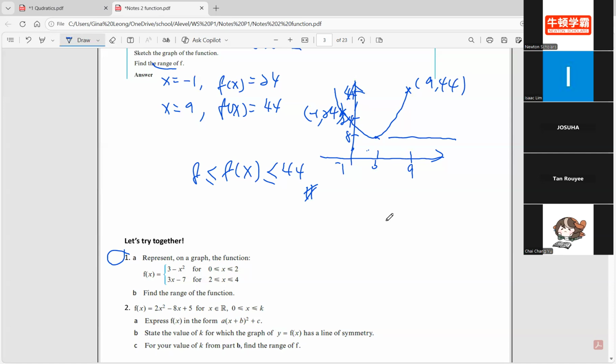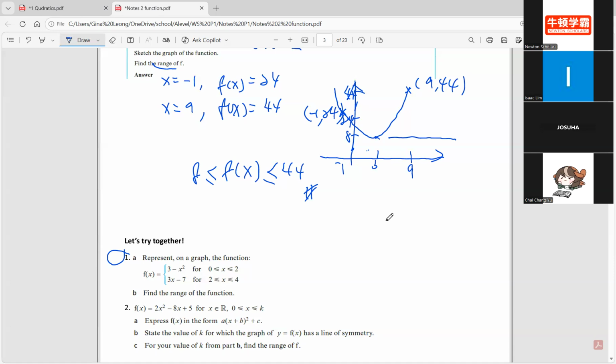Let me check first. When x equals 2, your range is, this one is -1.